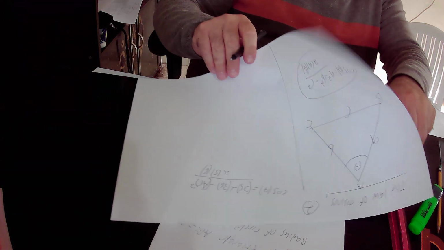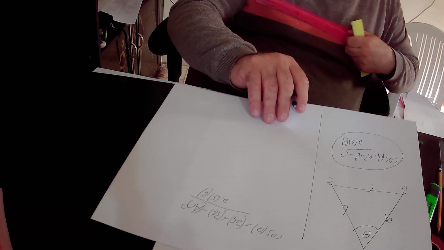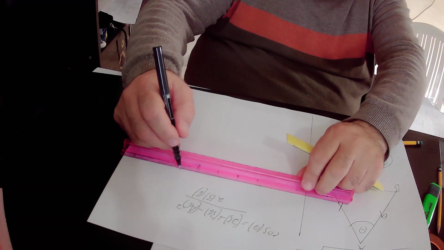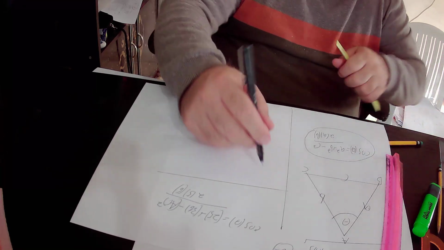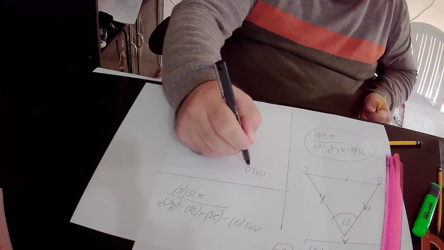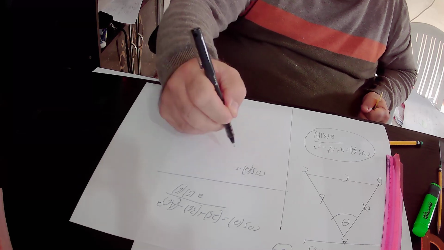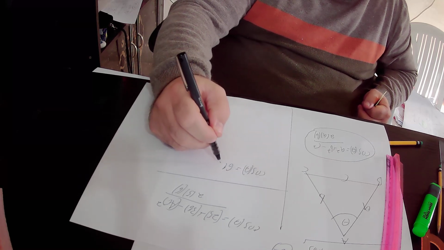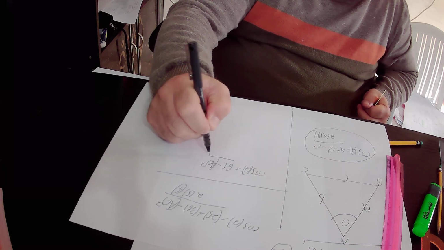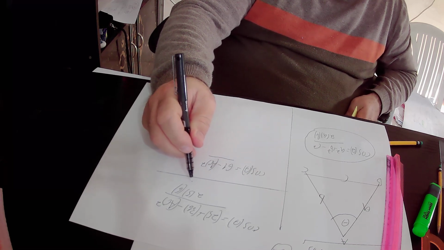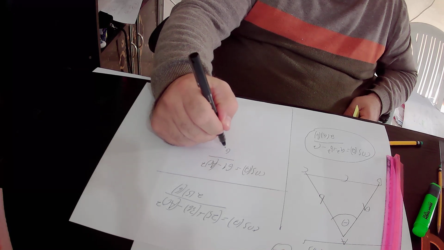So cosine theta equals 25 plus 36 is 61 minus AC squared over 5 times 6 is 30, and 30 times 2 is 60.